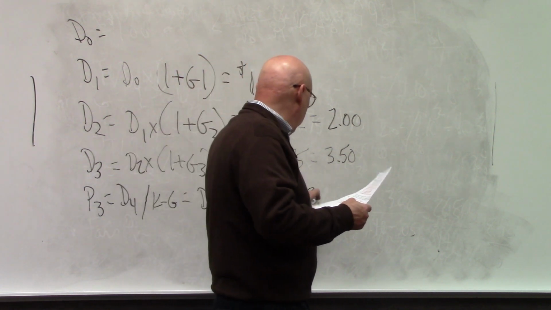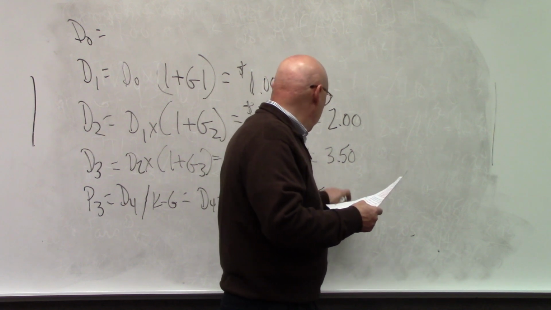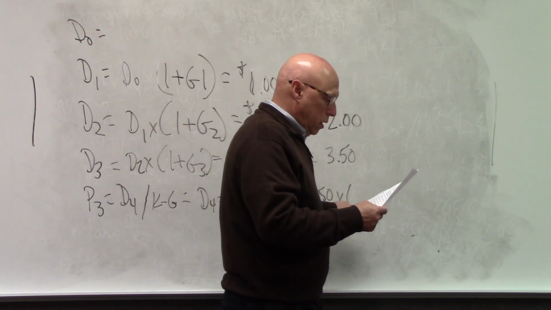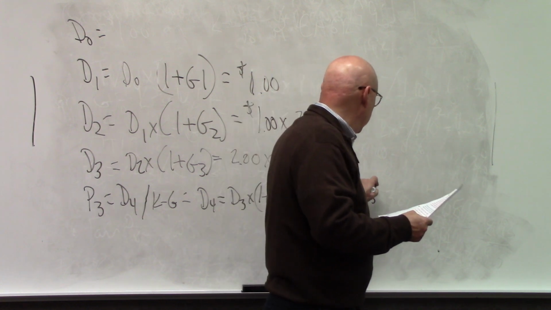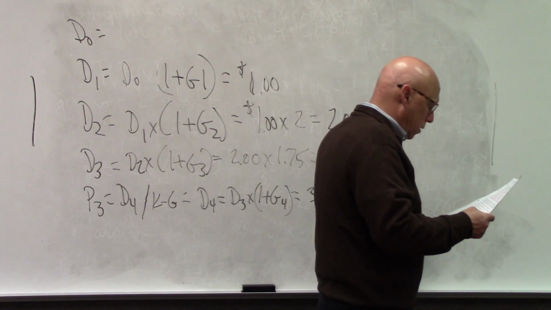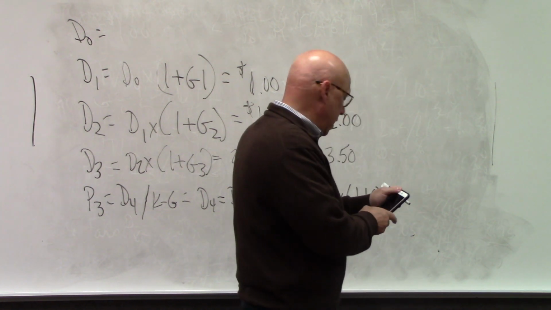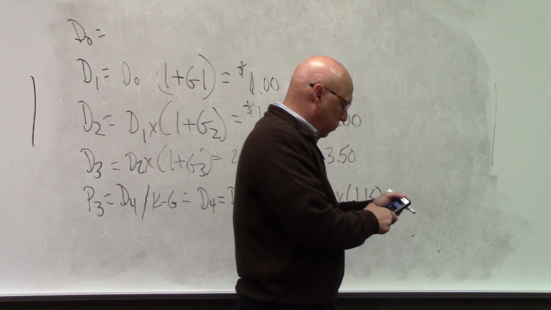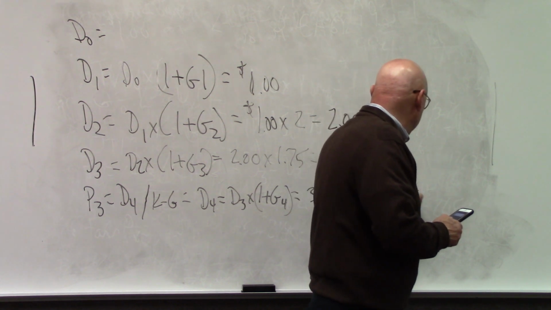So that's $3.50 times the constant growth rate of 15%, 1.15. Let's calculate that: 3.5 times 1.15 is $4.03.